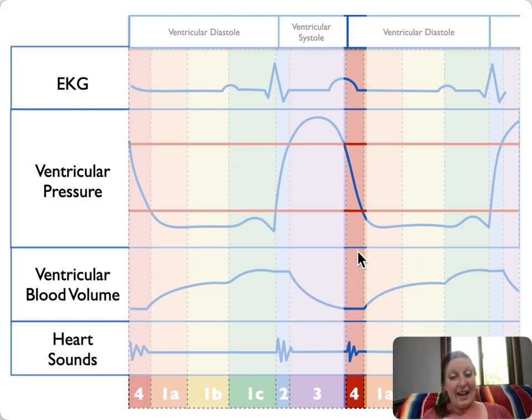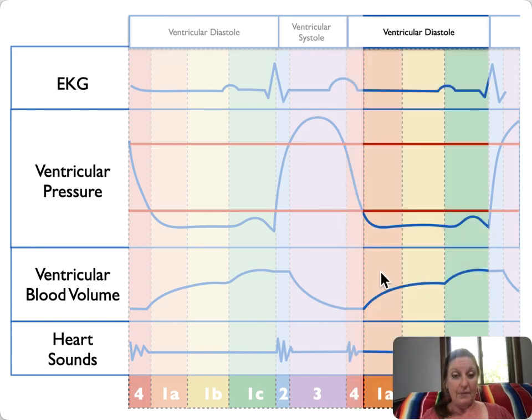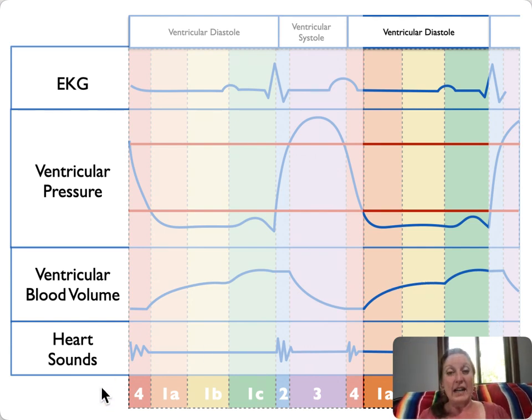As soon as the ventricular pressure becomes lower than the pressure in the atria, we are back at ventricular filling. Right? So the AV valve opens here, and the pressure in the ventricle is lower, and we're back to rapid filling. Okay, so that more or less is the cardiac cycle.